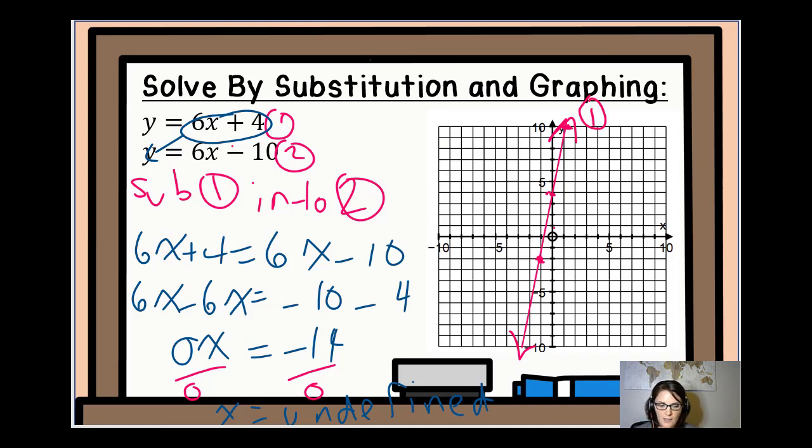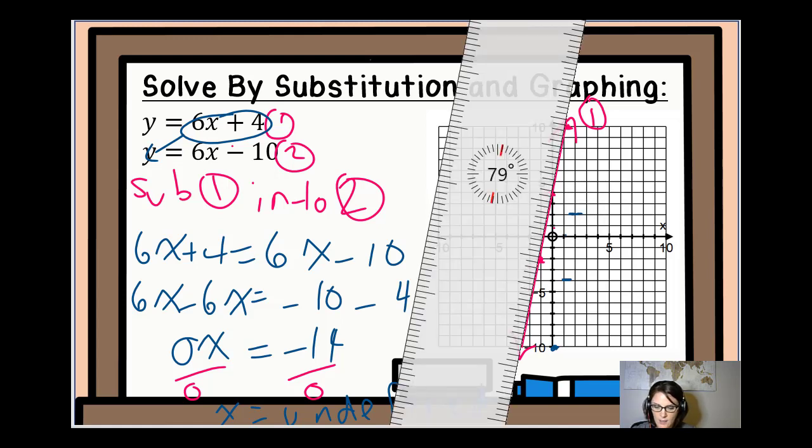Okay, let's go ahead and draw the second equation. So I'm going to put my y-intercept at negative 10, and I'm going to go up 6 to the right 1. Then I'm going to go up 6 to the right 1 again.